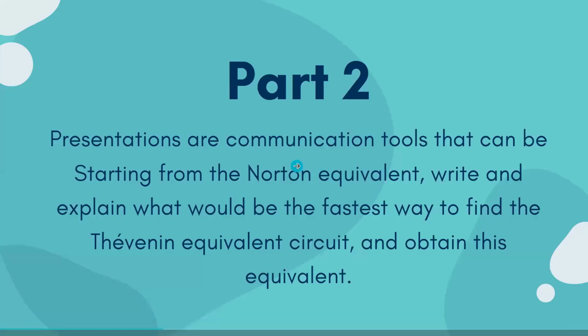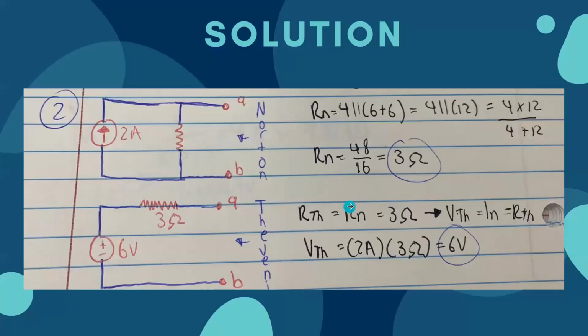For the second part, we have to use the tools to form the Norton equivalent, and write and explain what will be the fastest way to find the Thevenin equivalent circuit and obtain the equivalent. The first thing we will do is draw the Norton circuit to locate ourselves better.